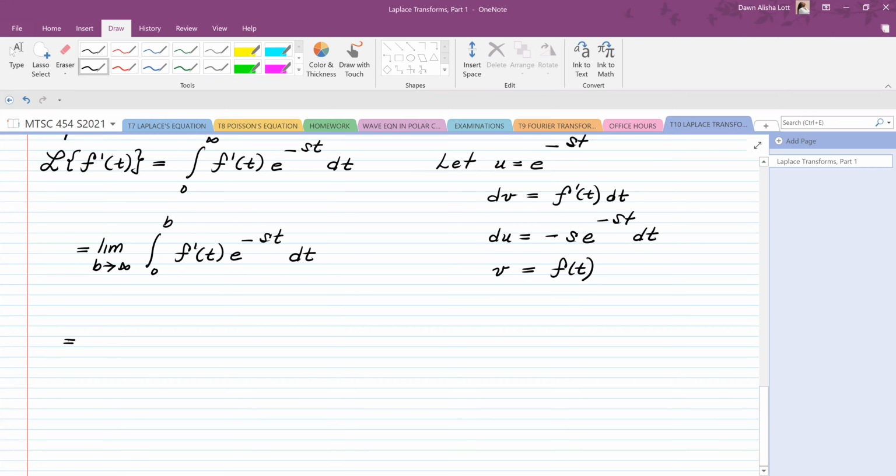But that is the limit as b approaches infinity.